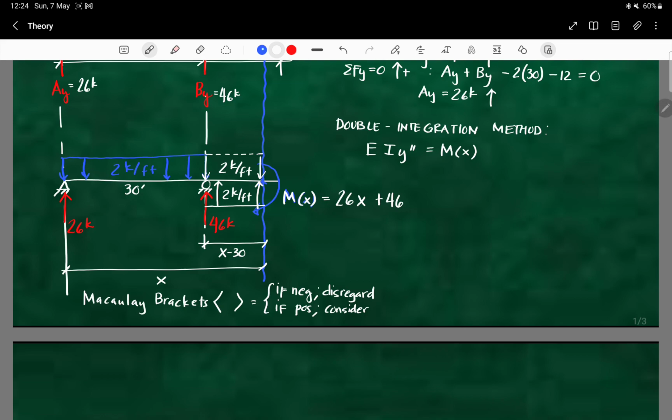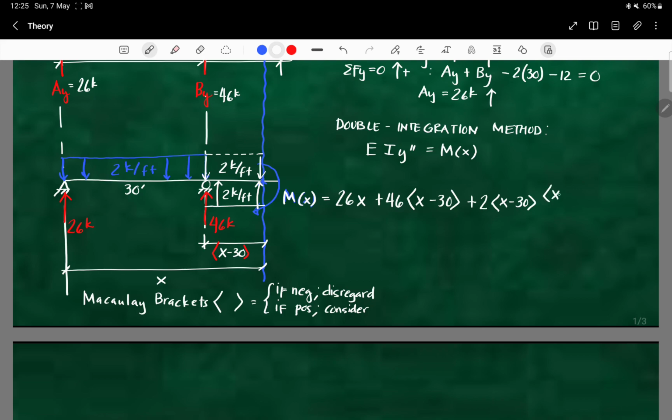So we have 46. So ngayon, lalagyan natin to ng Macaulay bracket. So we have this 46 x minus 30. And then we have also itong 2 kips per feet upward. So we have plus 2 times yung distance niya, x minus 30. And then may moment arm pa yan, no? Patungo dun sa cutting section.